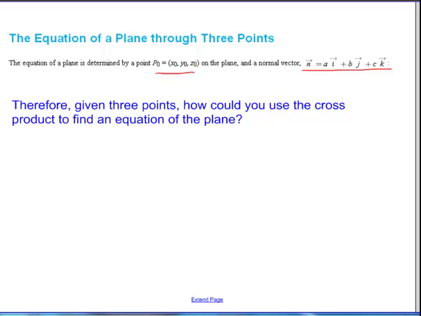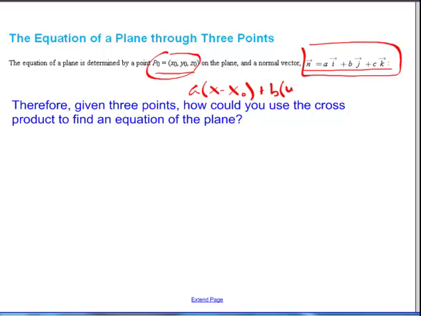And the equation for this plane, as a reminder, given a normal vector to the plane and a point on the plane, would be A(x minus x naught) plus B(y minus y naught) plus C(z minus z naught) equals 0.